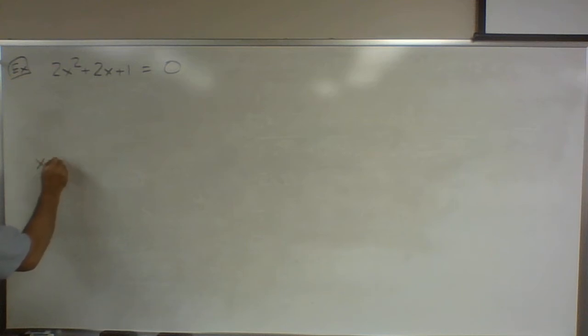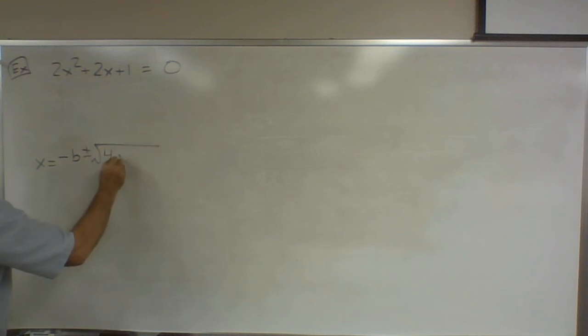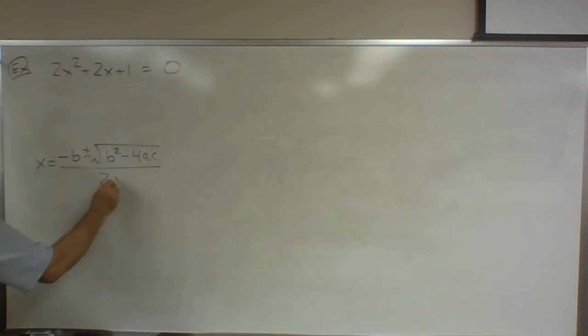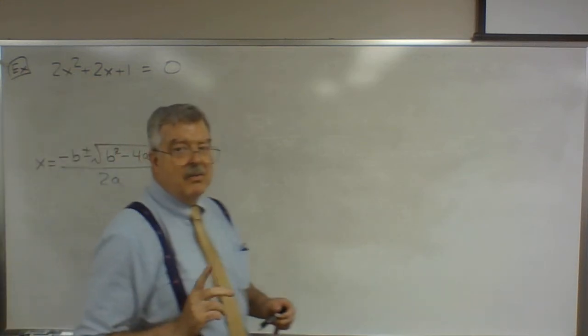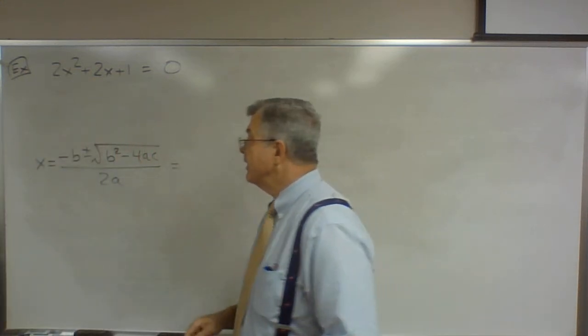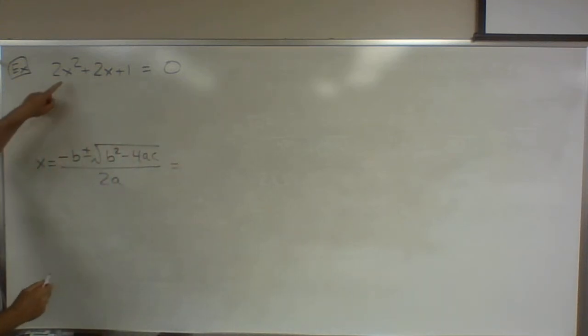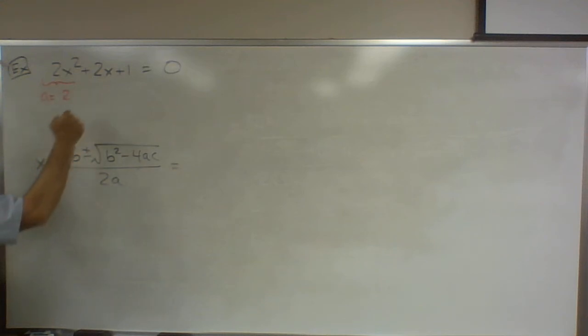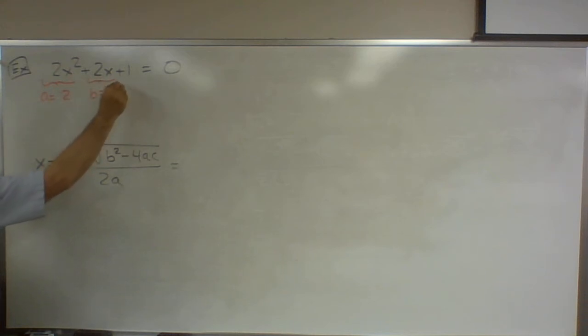We have x equals negative b plus or minus the square root of b squared minus 4ac all over 2a. And we just have to figure out what a, b, and c are. A is the coefficient of x squared, so a equals 2. B is the coefficient of x, so b equals 2.